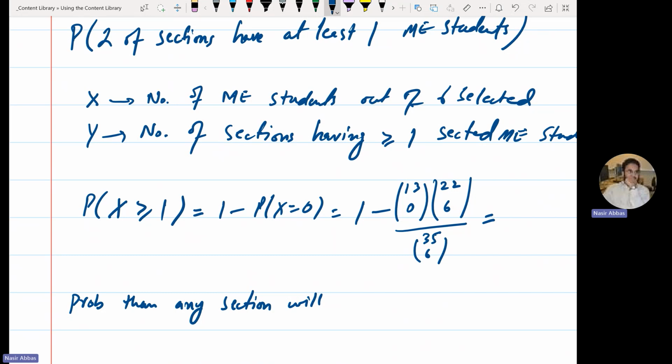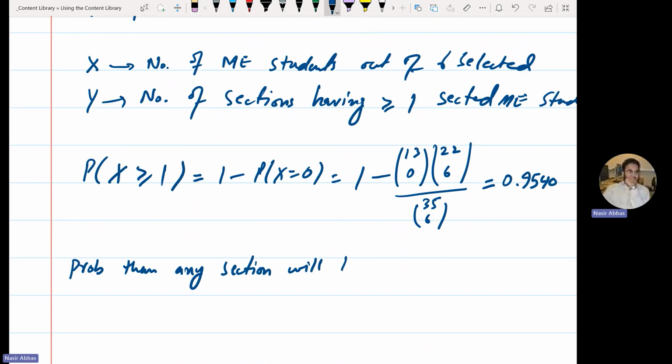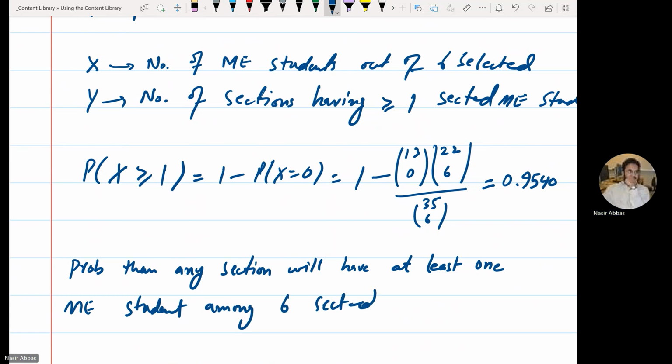Final answer, 1 minus 0.954. So this is actually the probability that any section will have at least 1 ME student among 6 selected. Correct?